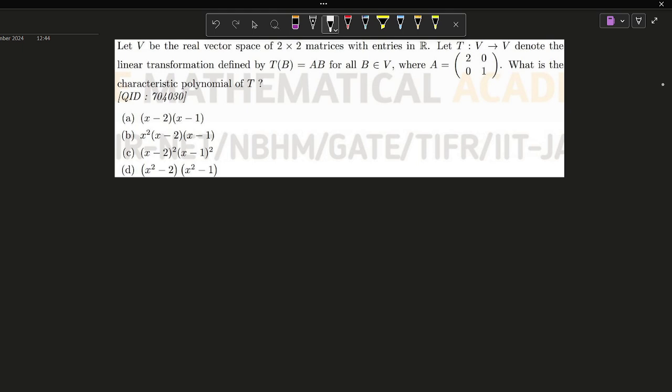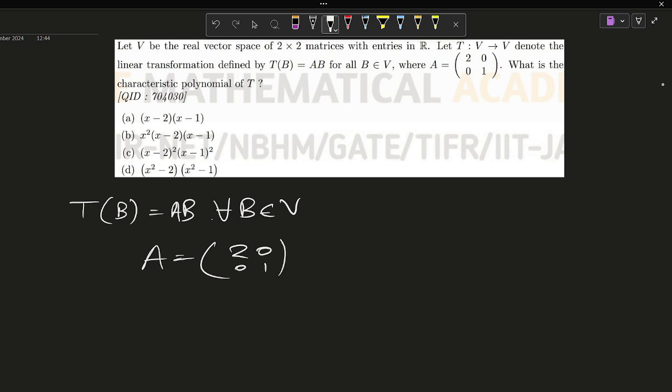So this is from our year 2024 June. The question is about linear algebra, and the question says: let V be a real vector space of 2 cross 2 matrices with entries in R. Let T from V to V denote the linear transformation defined by T of B equals AB for all B belongs to V, where A is the matrix [2 0; 0 1].